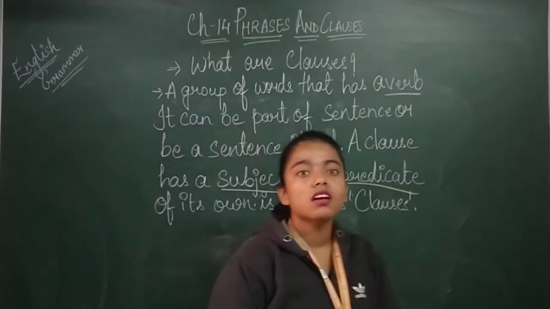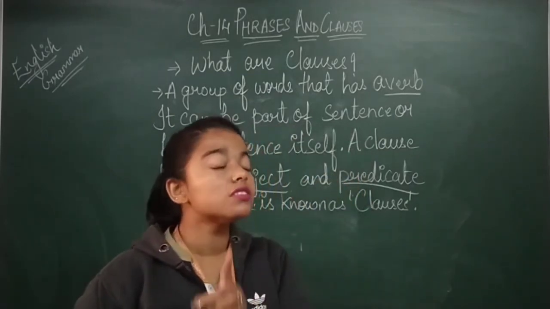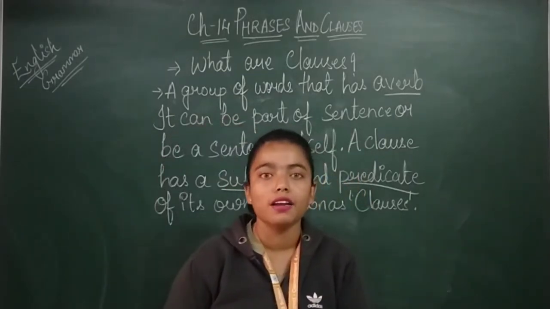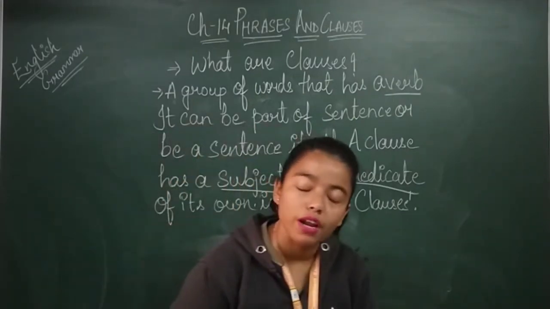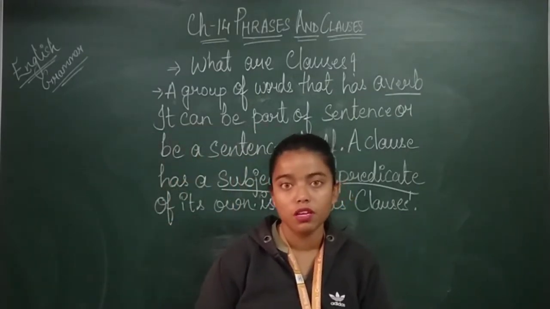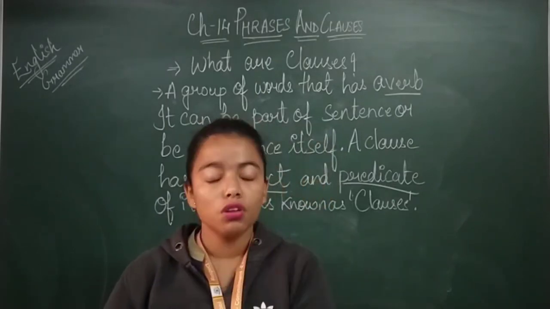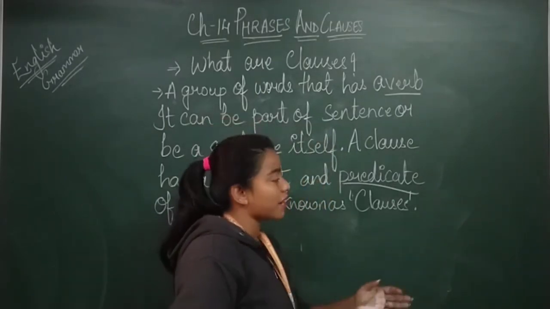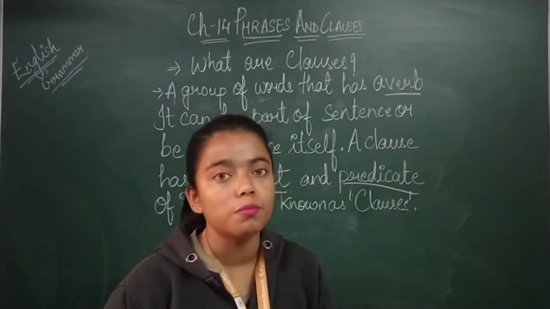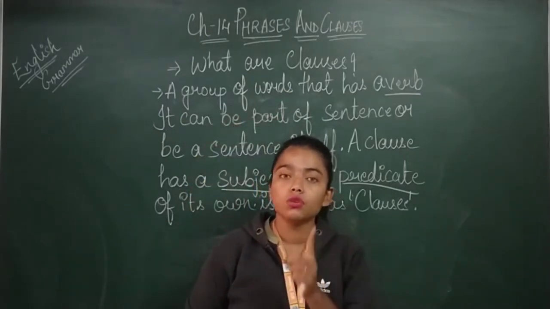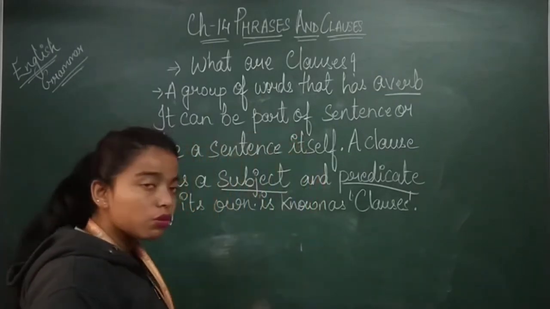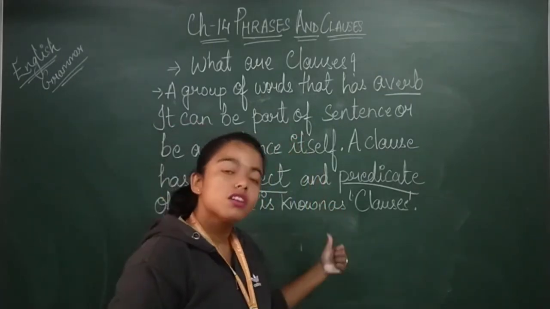So students, keep one thing in mind, that these definitions you have to write in your English grammar notebook. Whatever I am writing on this board, the definition part you have to write down in your English grammar notebook. Okay, so now we will see some examples of clauses.